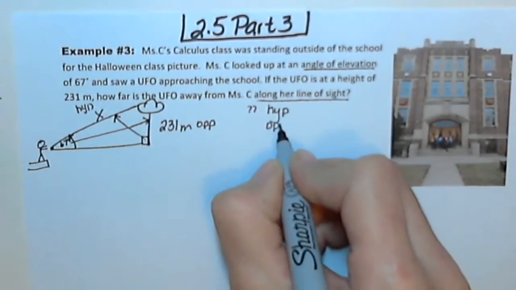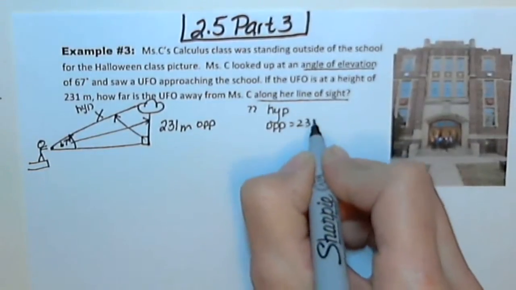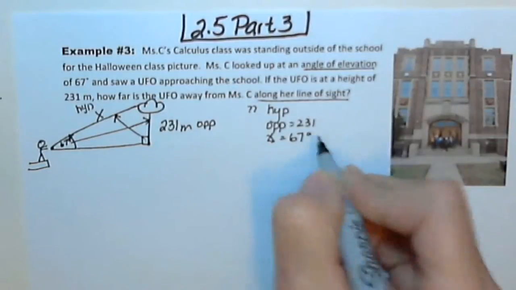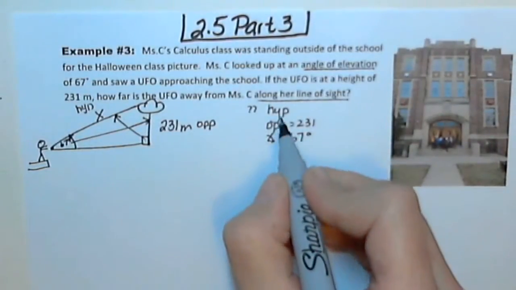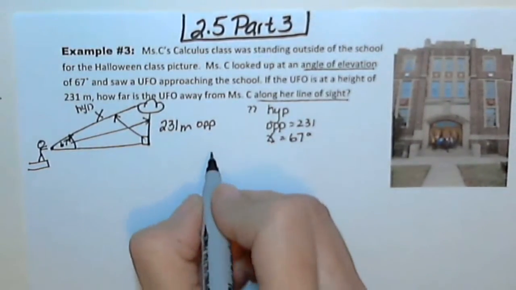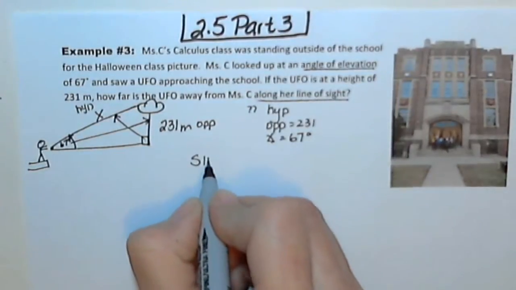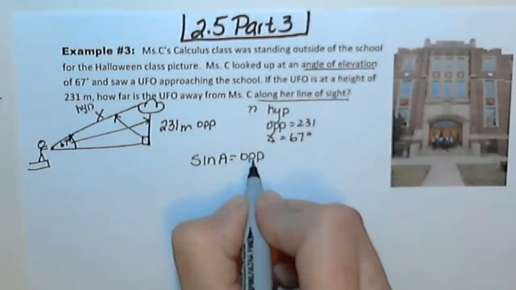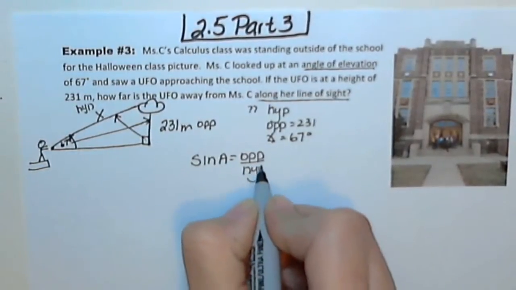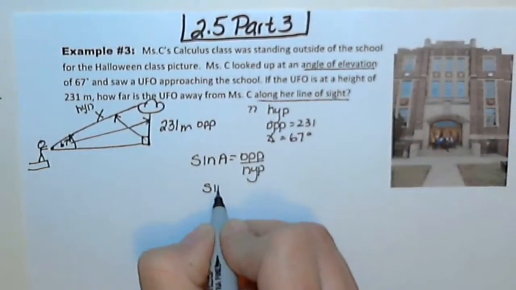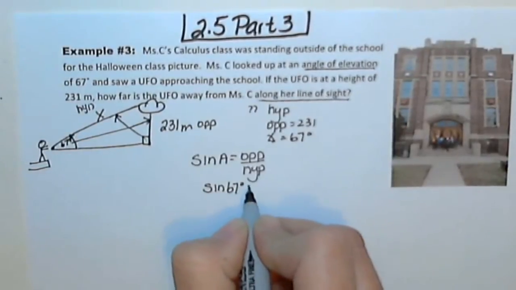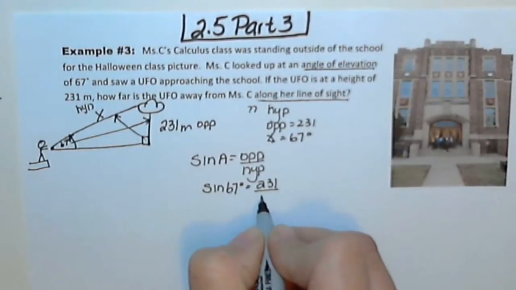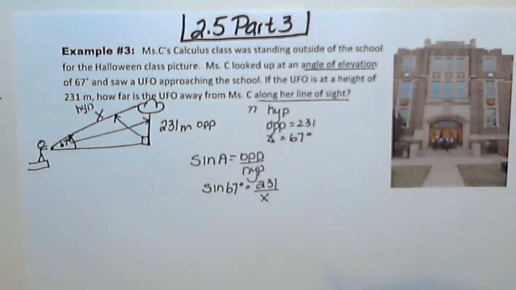We know the opposite is 231, and we know the angle is 67 degrees. Hypotenuse and opposite sounds like sine again. So the formula is the sine of A is opposite over hypotenuse. A is 67 degrees. The opposite is 231, and the hypotenuse is x.